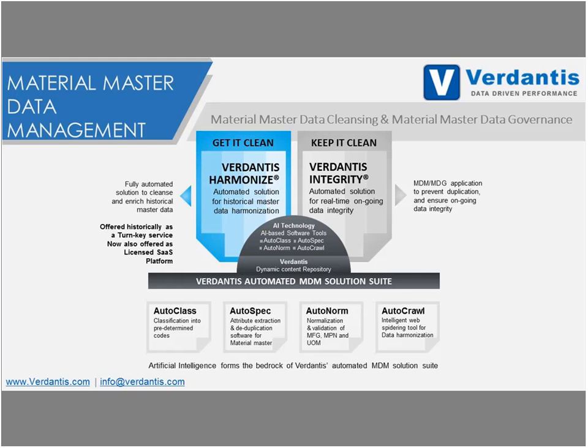The other side of the equation is keeping it clean. Once you've scrubbed your data, it will degrade at 15 to 20% every year without appropriate data governance. So we developed a bolt-on data governance tool called Integrity that allows you to easily adhere in an automatic fashion to your business rules around data descriptions going forward.